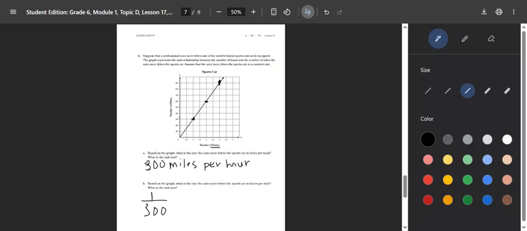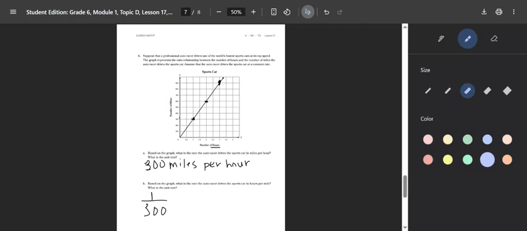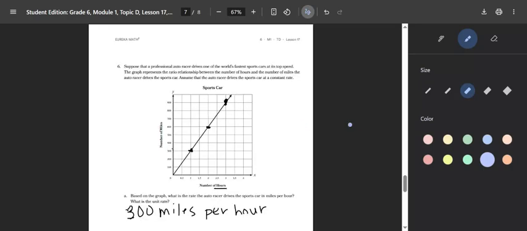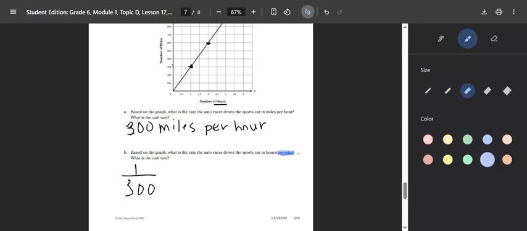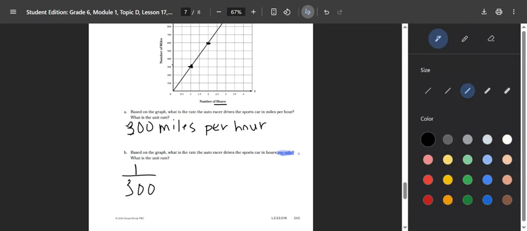So your denominator, since you've got per mile right here, let me highlight it for you so you can see what I'm talking about, because I don't think I was clear on that. Per mile, right here. Let me increase this a little bit. Okay, so per mile means you want the number of miles to be 1. So the way I got 1 over 300 is the number of miles is 300.